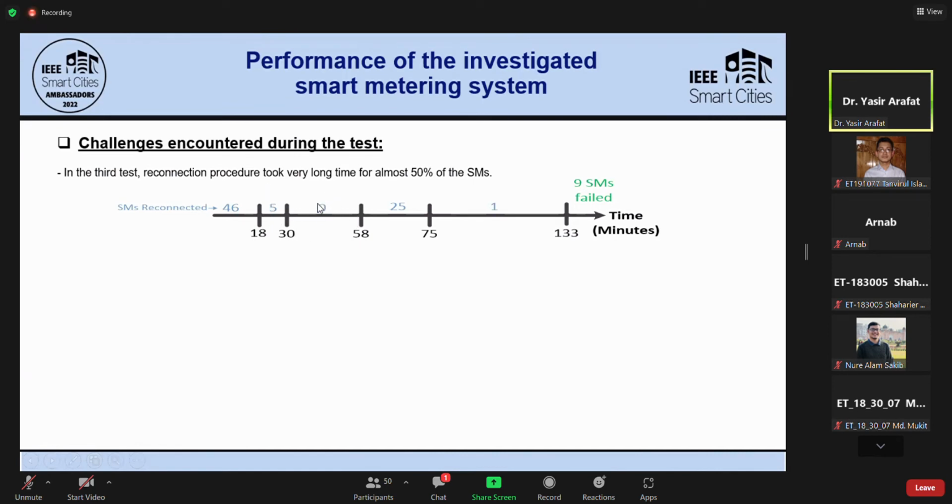Then there was no confirmation, I mean, no meters got successfully reconnected, and again 25 meters were reconnected. Finally, to get 1 meter reconnected, we had to wait a bit long. And finally, we saw 9 smart meters could not be reconnected remotely. So this was an important finding of the existing metering system.